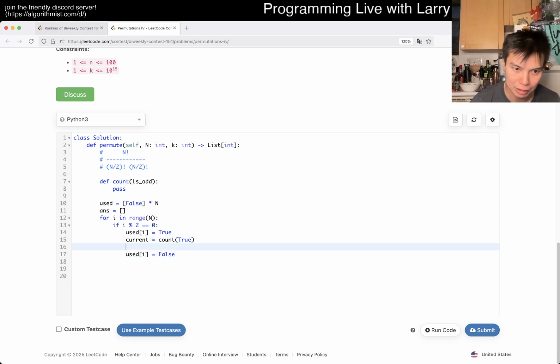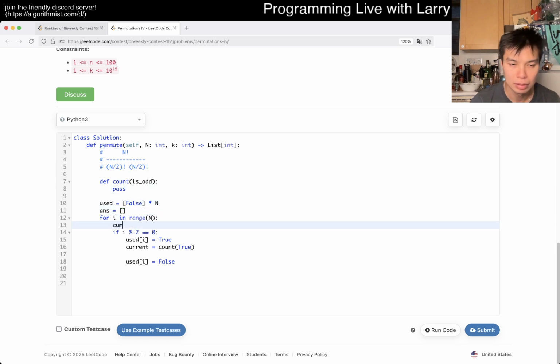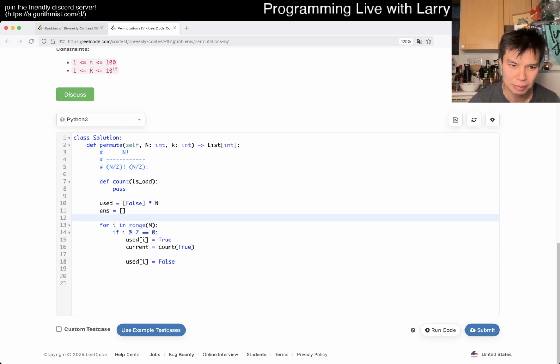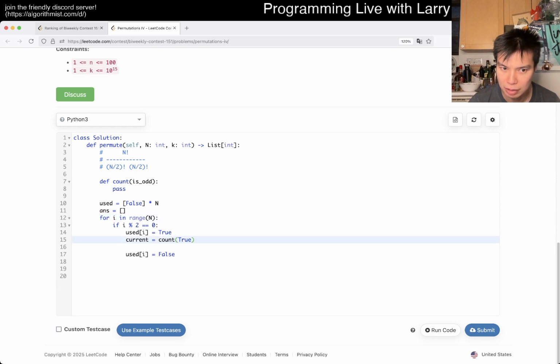Maybe this is a maybe. Not here. I guess we just subtract k, right? So that's fine. Yeah, okay, that makes sense. We just subtract from k directly. Okay, so now we just have to count.